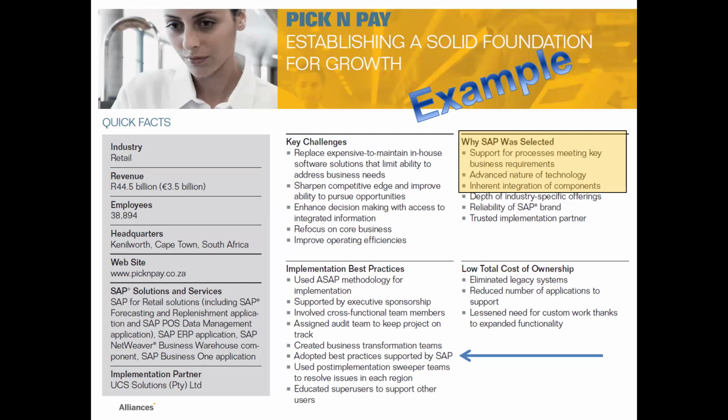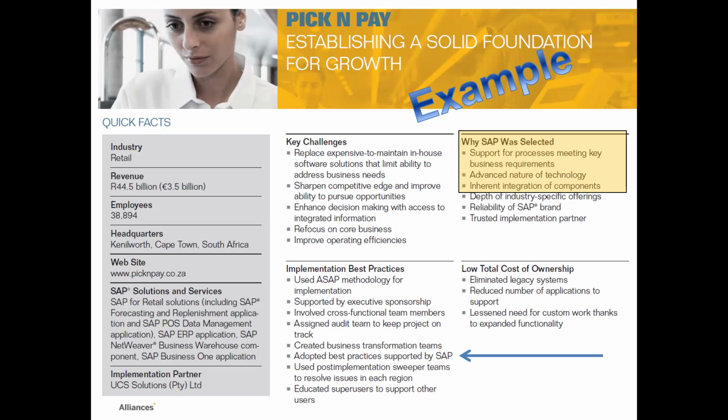Look at the solutions they have adopted: SAP for Retail Solutions, which include SAP Forecasting and Replenishment Application, SAP POS Data Management Application, SAP ERP Application, SAP NetWeaver. These are products on the SAP.